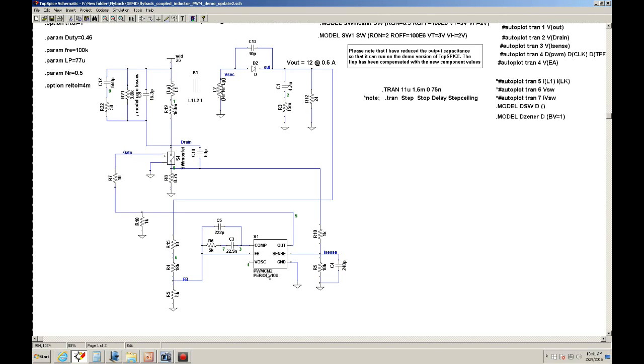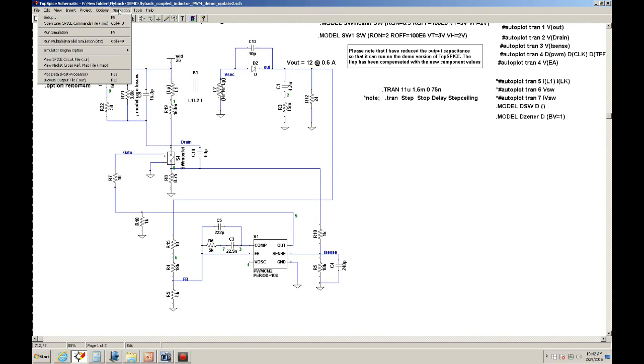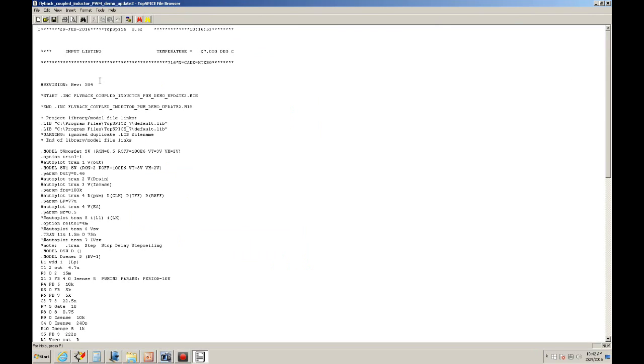CM means that it's current mode. It's a very nice and compact model, and you can define the period. The period would be the reciprocal of the frequency. We can take a look at what the SPICE model consists of by going to the output.